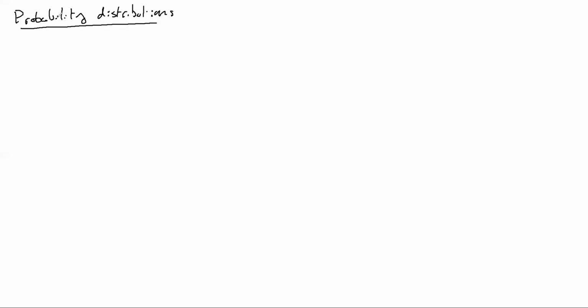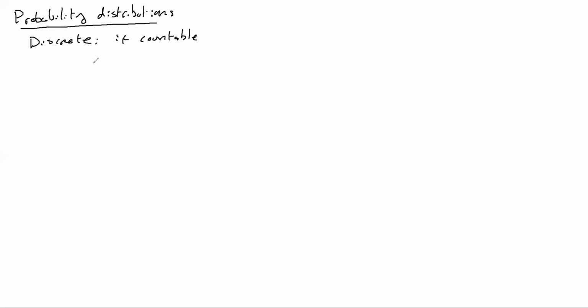A random variable may be discrete. Discrete means that it is countable. This is very important. A discrete random variable could be a dice like before.